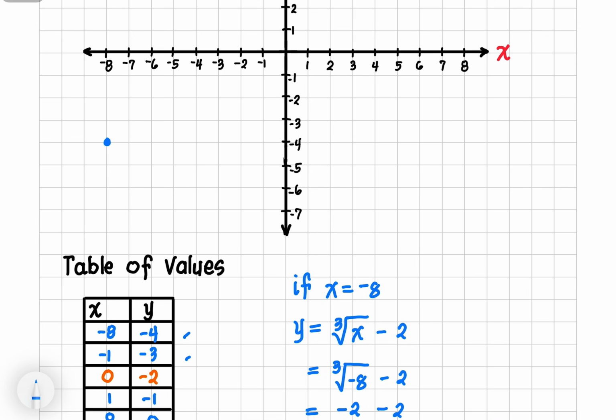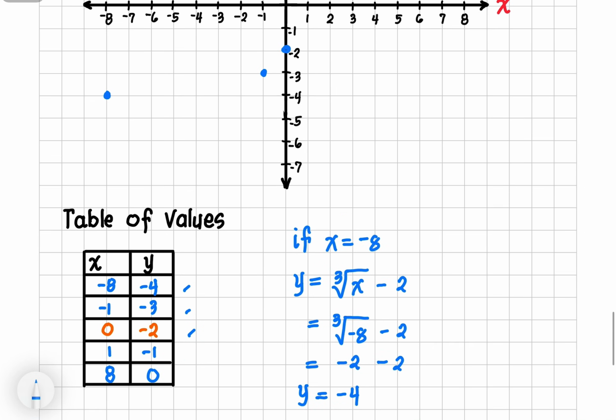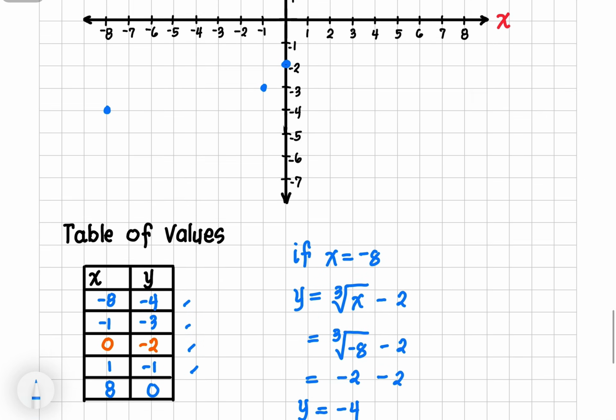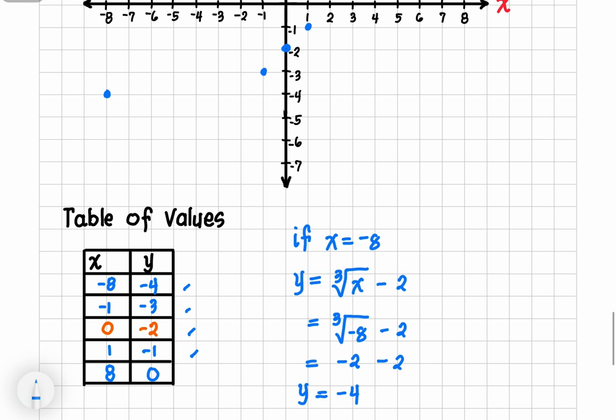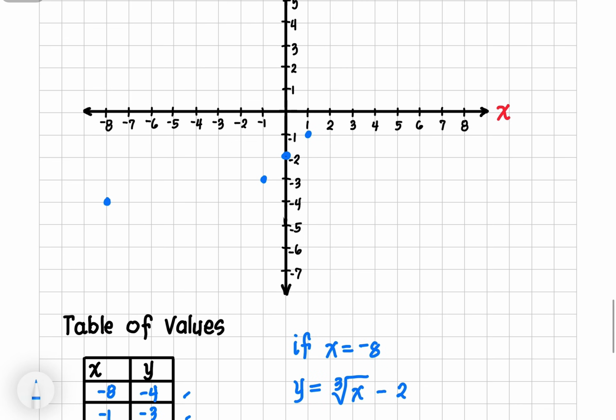Next, 0, negative 2 is here, class, our vertex or turning point. Then 1, negative 1. Then your x is 8 and your y is 0, so it is along the positive x-axis.